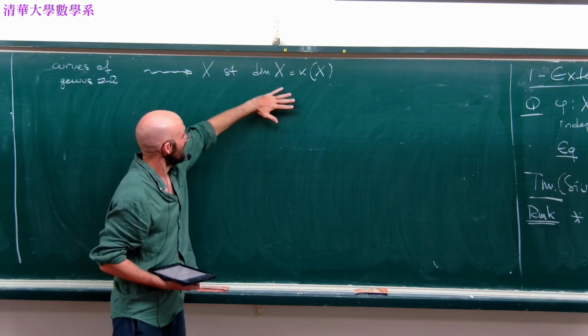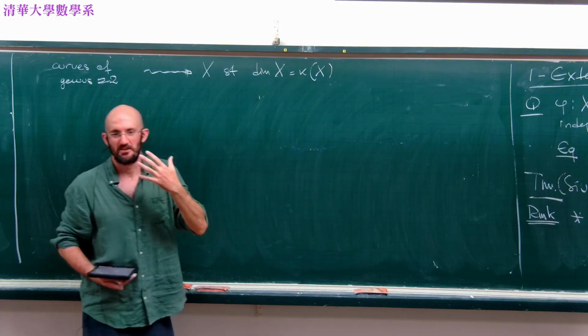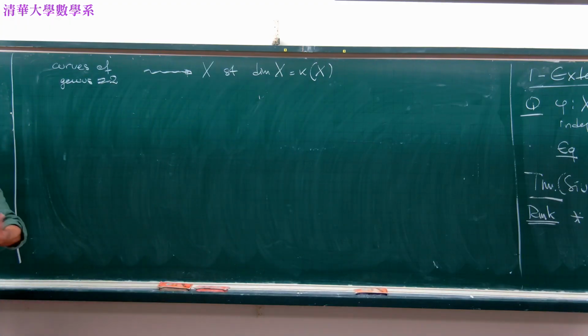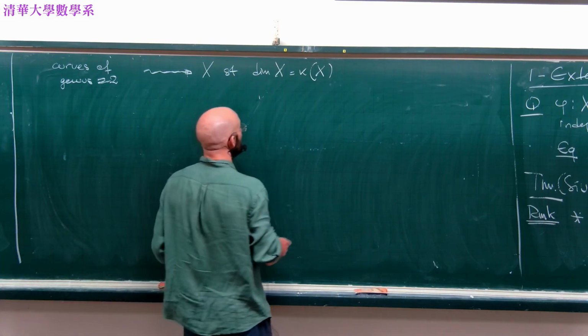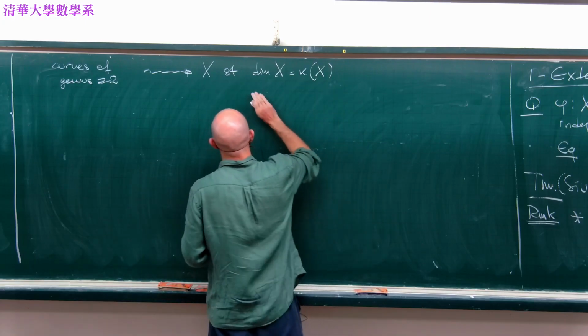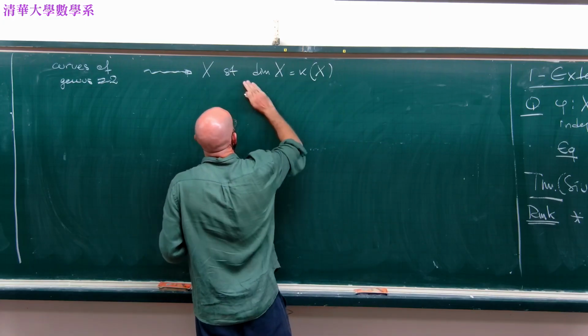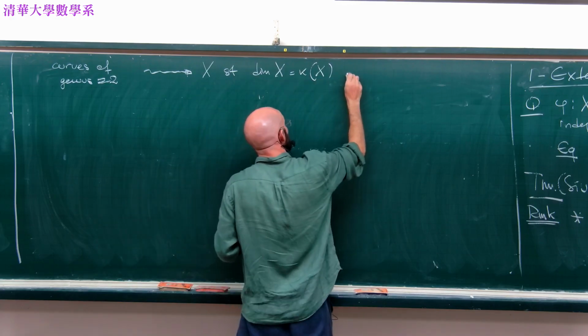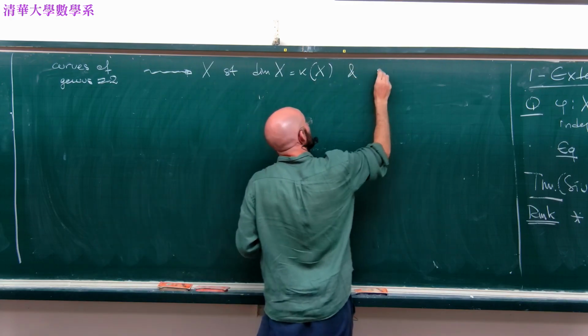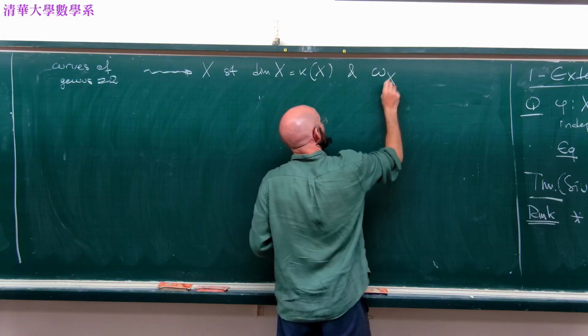Why? Because again, the problem is that there are too many birational representatives in the birational equivalence class of a given variety. So really what you should look at here is canonical models, meaning varieties such that the dimension is equal to the Kodaira dimension, but you also ask that omega_X is ample.